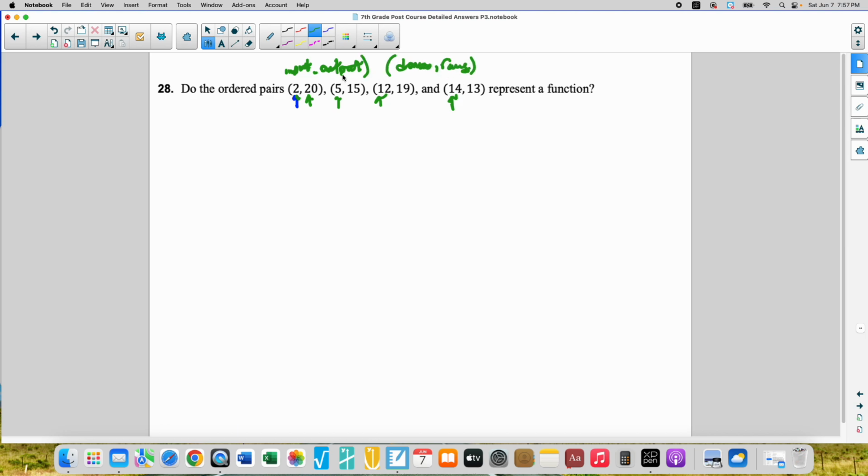Also, you can call it independent, comma, dependent, because the dependent variable is dependent on what you input, or the independent. So those are the reasons why this is considered a function. And remember, we use the vertical line test. You take a vertical line and you drag it, and there should only be 1 point on the graph.